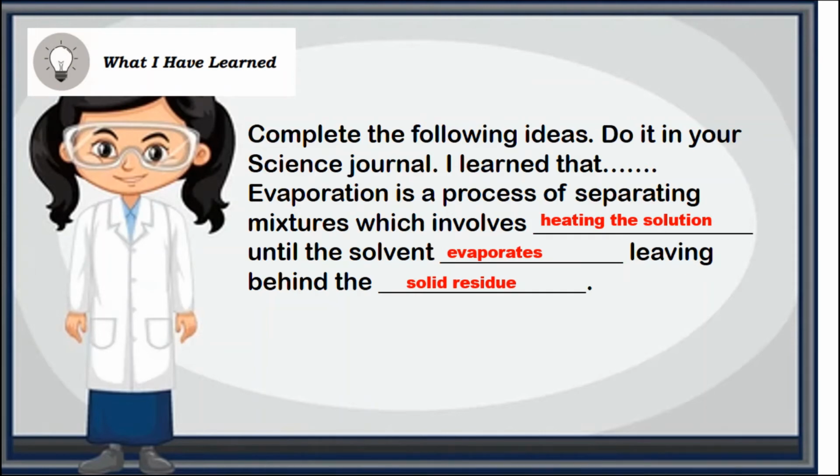Naa diri ang pagpainit until the solvent evaporates. So until ang katong solvent or tubig nag-evaporate siya. So, ang mabilin na lang kay ang solid residue. Mao na siya ang way of separating mixtures in the process of evaporation.